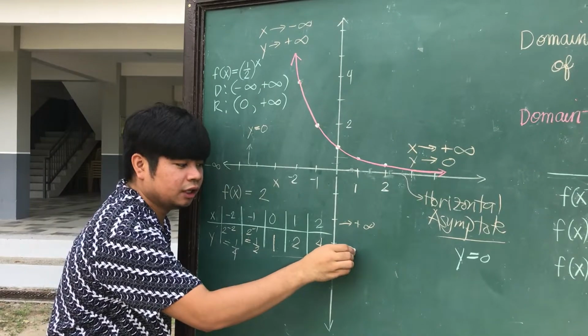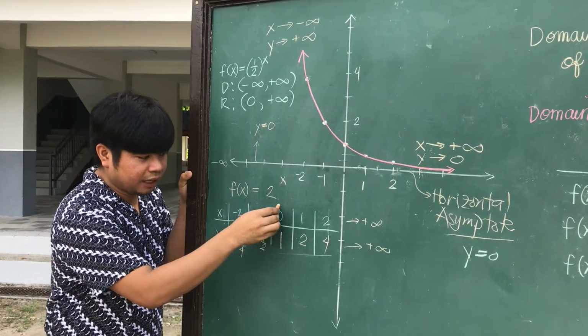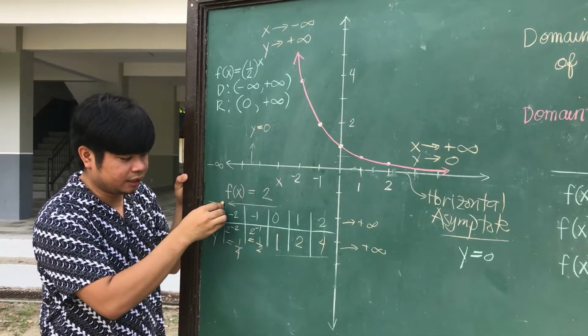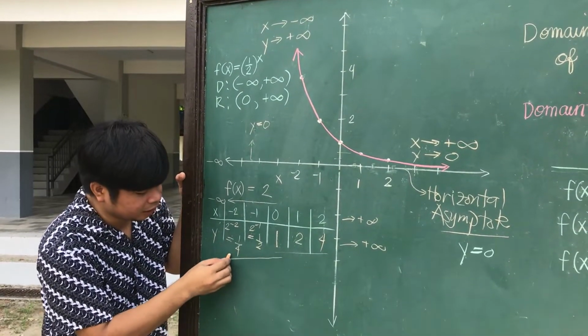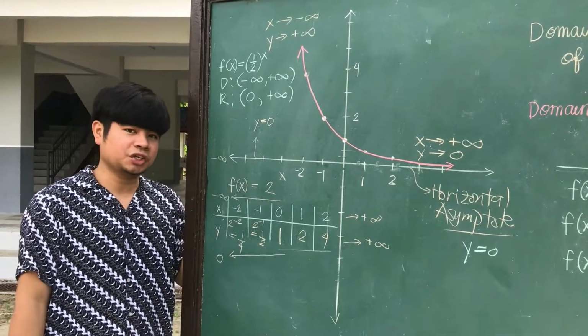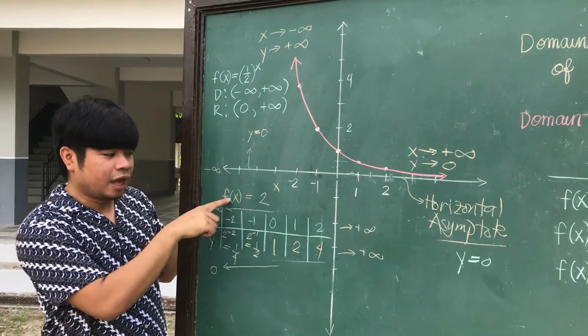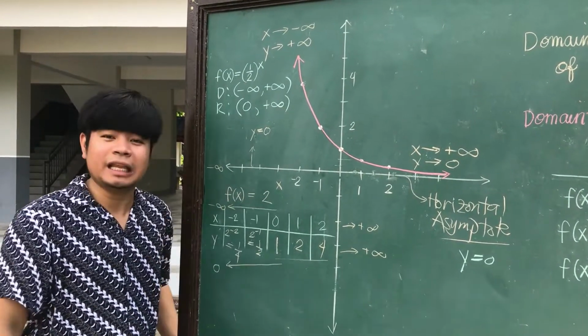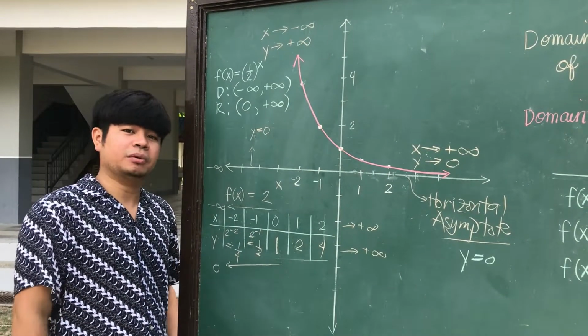They also increase. However, if I decrease values of x, the values of y approach 0. It is still true that y, or f of x, equal to 2 raised to x will never be 0 and will never be a negative number.